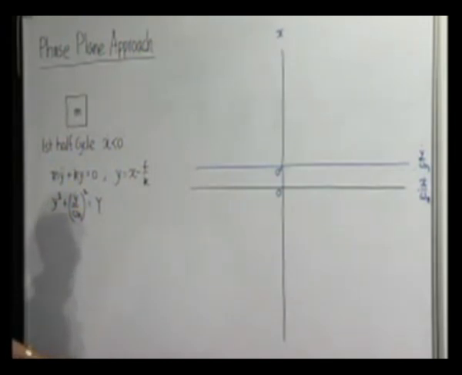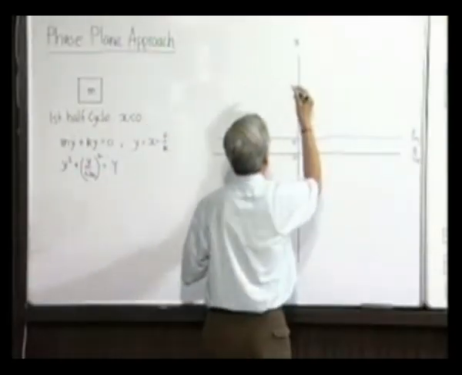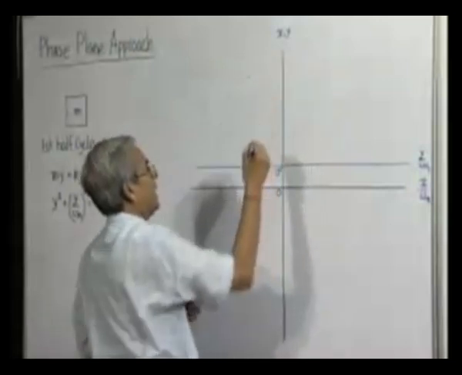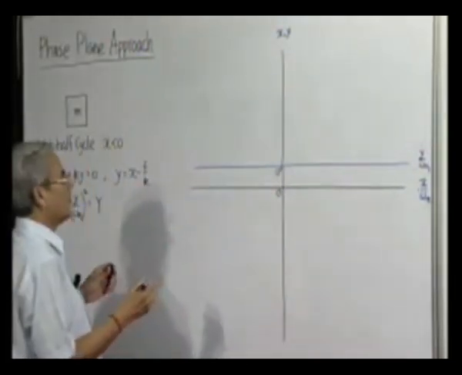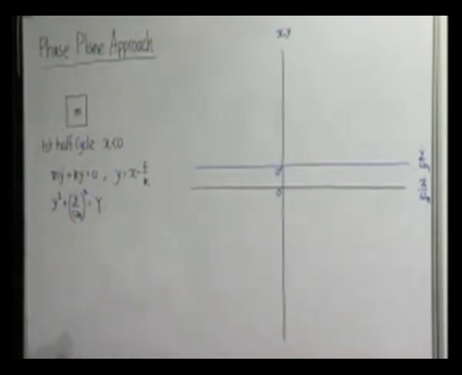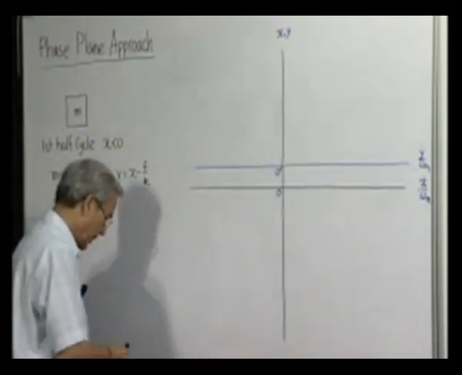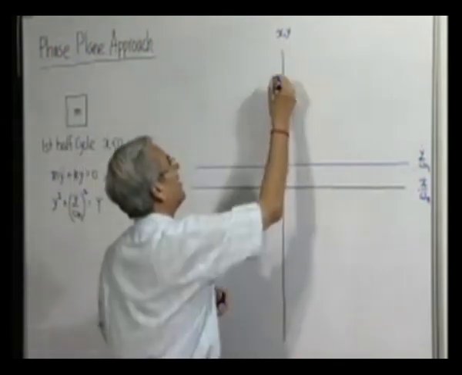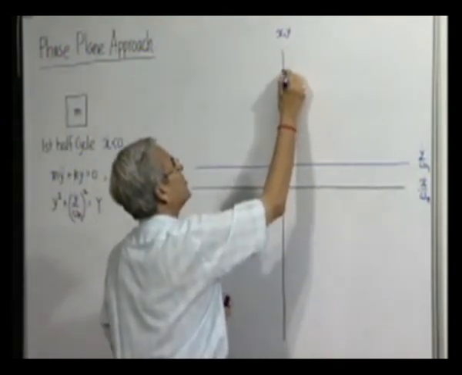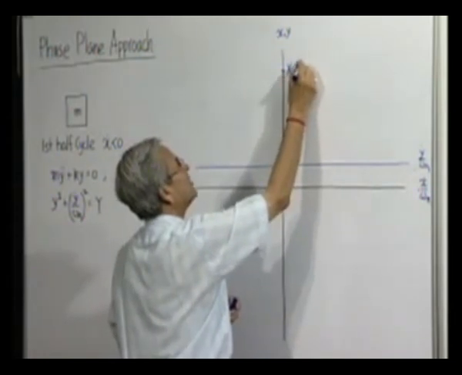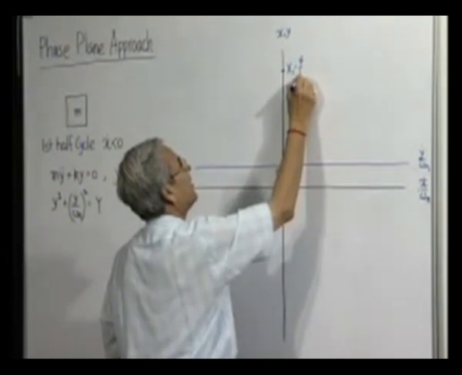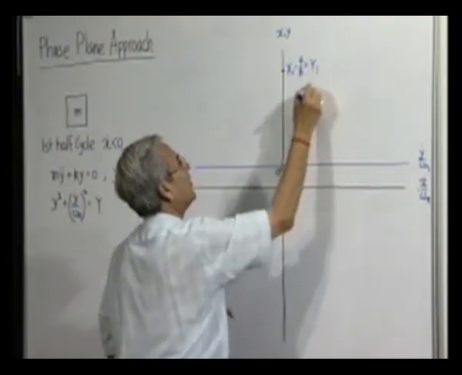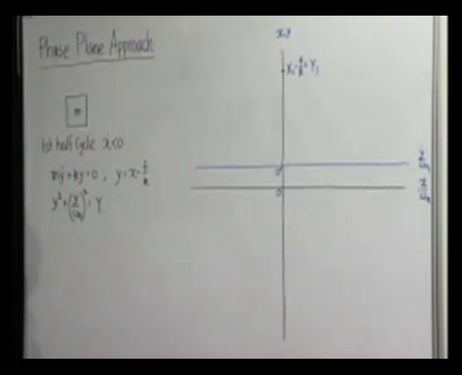So now we have a new axis where this is the y axis with this as the origin, this is minus y. So wherever we start, say if we start at the extreme position here, x is equal to x1, so y is equal to x1 minus f by k. This is the starting value of y.